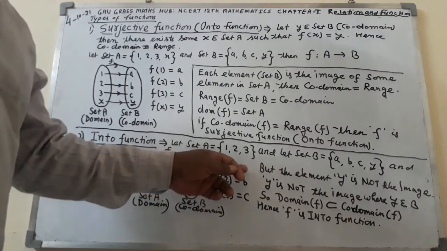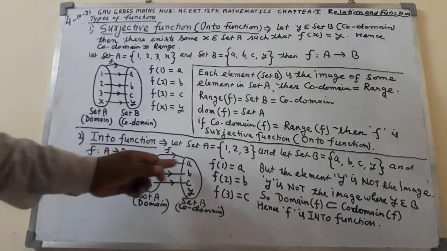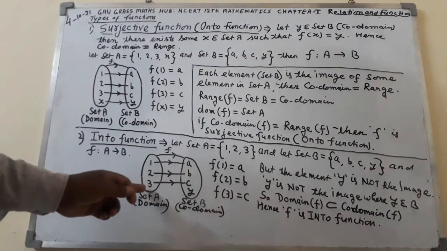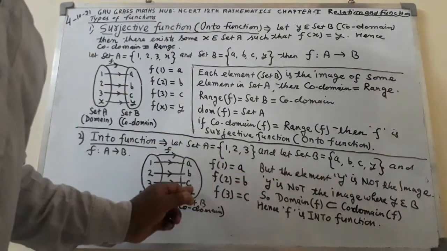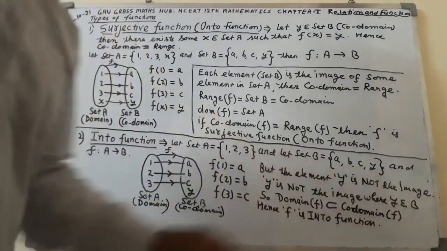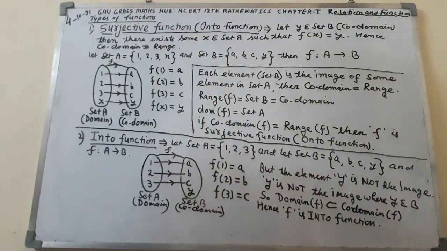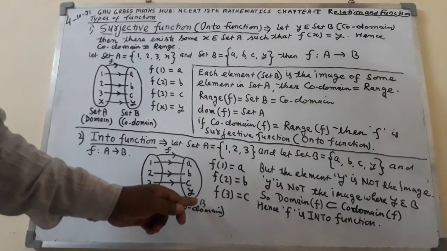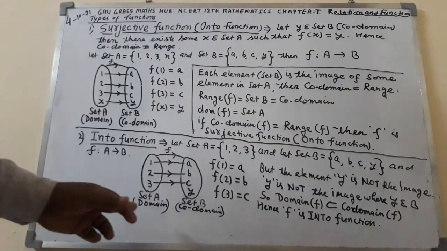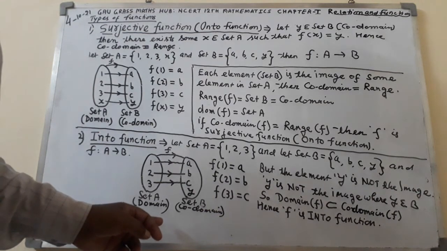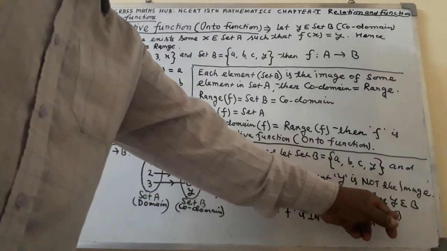The image of 1 is a, the image of 2 is b, the image of 3 is c. But the element y is not the image, where y belongs to set B. y belongs to set B but y is not an image. In this case, the domain of f will become a subset of the codomain of f.